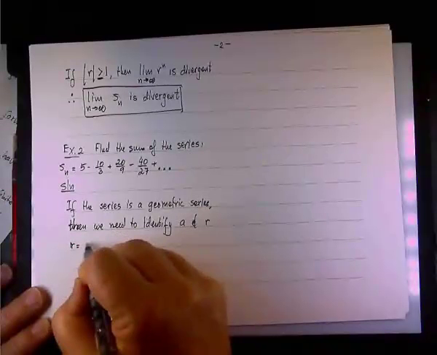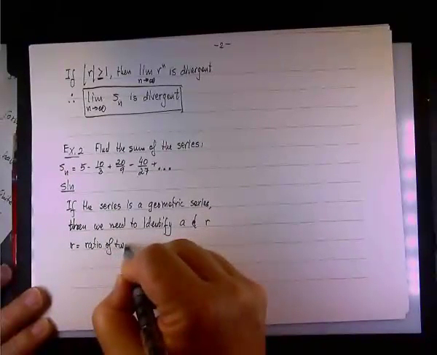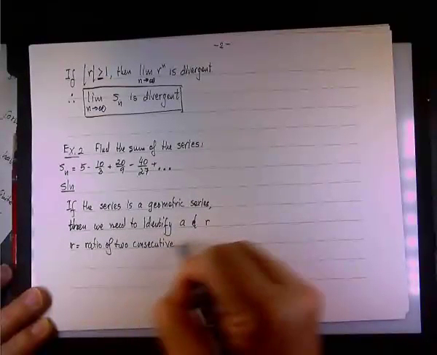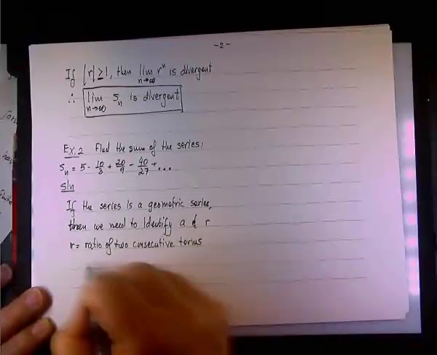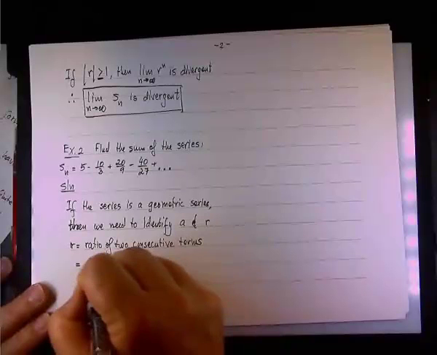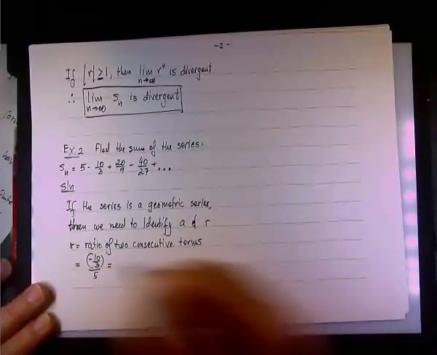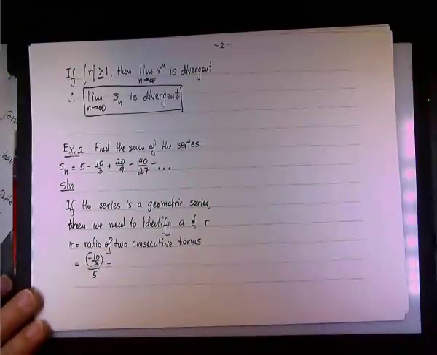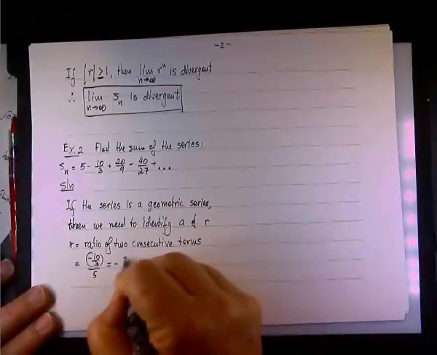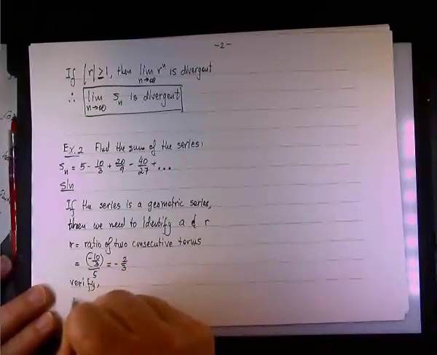Well, R is the ratio, if you remember, of consecutive terms. Ratio of two consecutive terms. So in our case, let's pick up two consecutive terms. Well, let's pick up the first two. So it will be the ratio between negative 10 over 3 and 5. What is this ratio? It's negative 2/3.